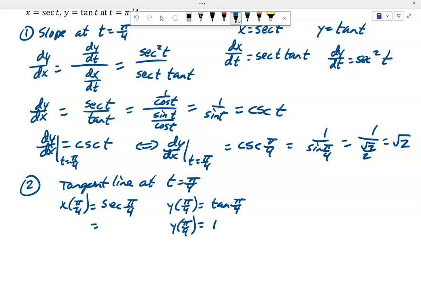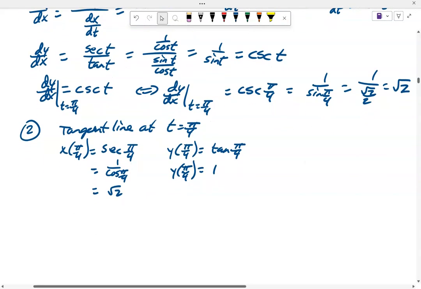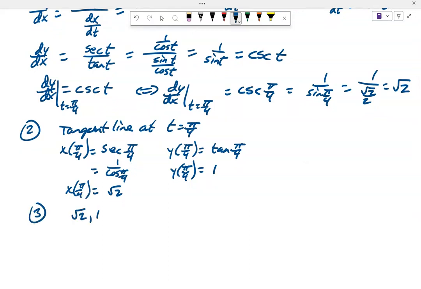Secant pi fourths, that's 1 over cosine pi fourths, or root 2. So we have our point root 2 comma 1, and we have our slope.